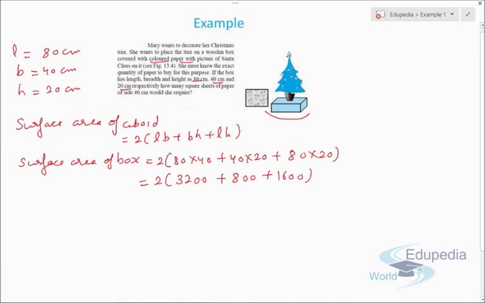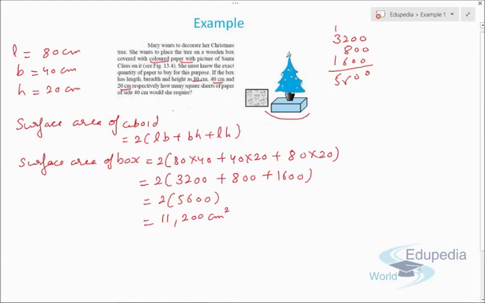So we need to add all the three parts. So 3200 plus 800 plus 1600 will come out to be 5600. So this will be equal to 2 times 5600, which is 11,200 centimeter square. So we have the surface area of the box.